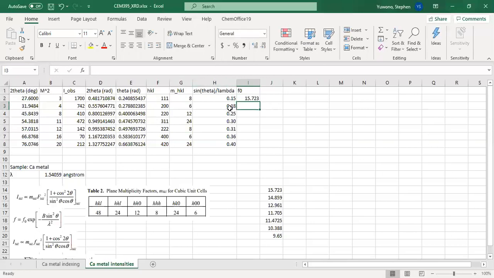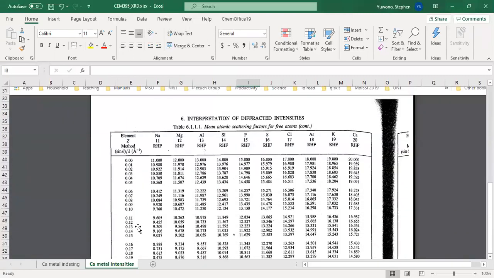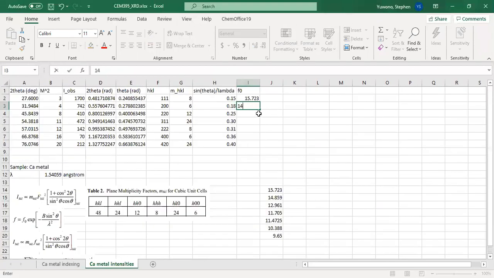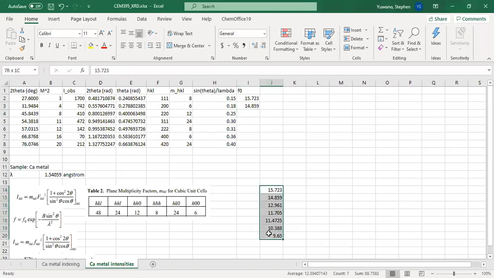And the next one is 0.18, so I go back to the table, and it gives me 14.859. You can keep doing that, but just for the sake of simplicity, I have all these values compiled previously, so I will just plug them in.